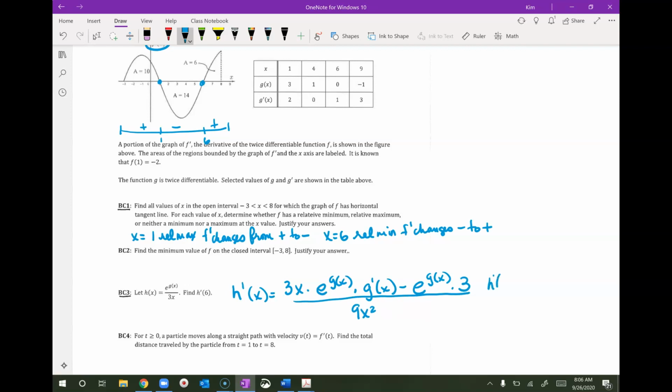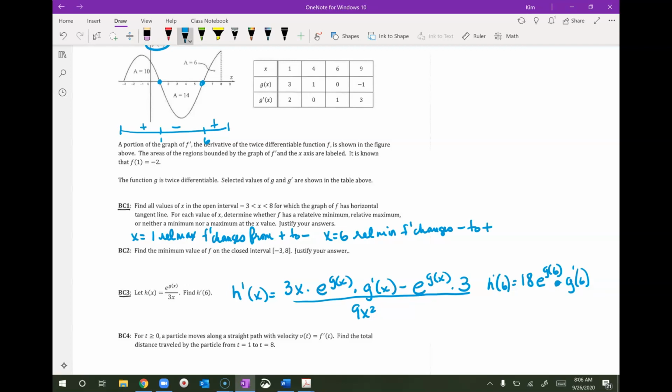Finding h prime of 6 puts a 6 in everywhere, so we have 18 times e to the g of 6 power times g prime of 6.